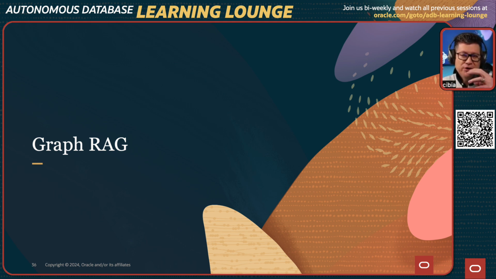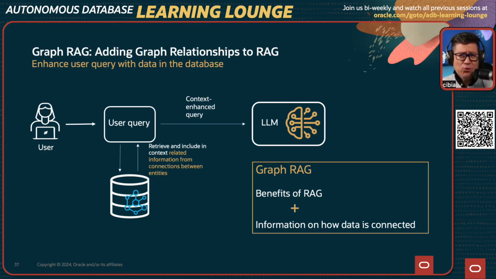You are trying to avoid hallucinations by looking at a knowledge base and sending information to the LLM so that it knows better what you are asking about and where the answers are. What GraphRAG does, instead of just retrieving context from chunks of text, is look at the relationships between the components in a graph.